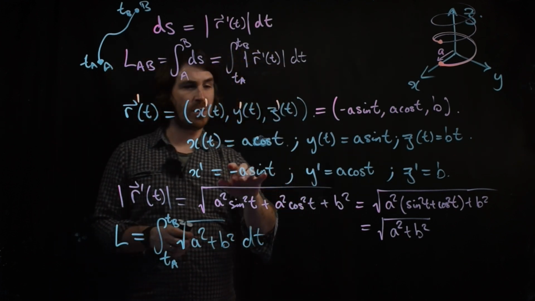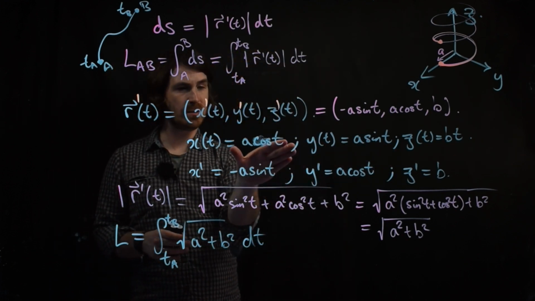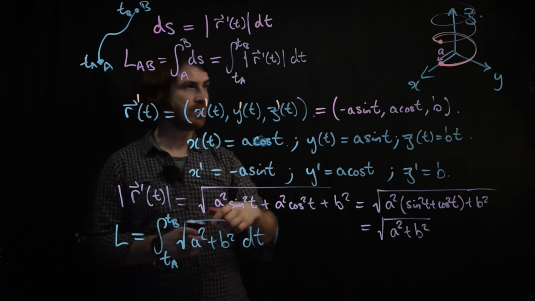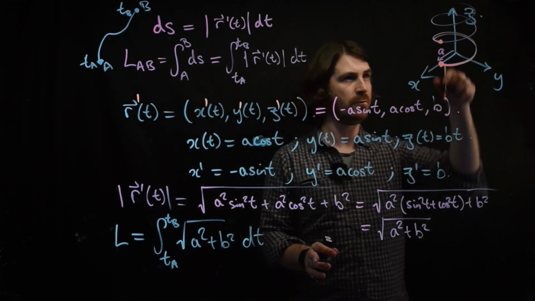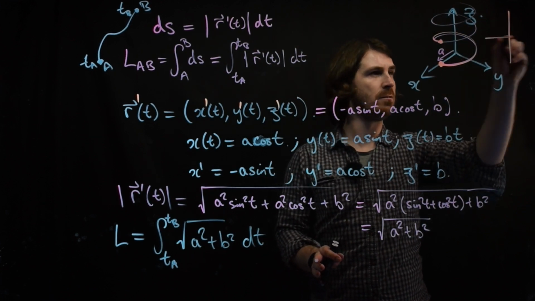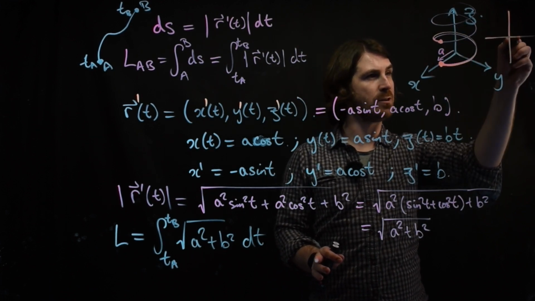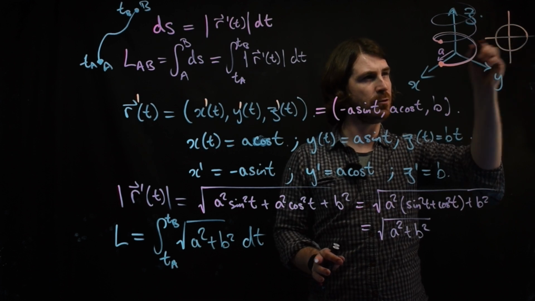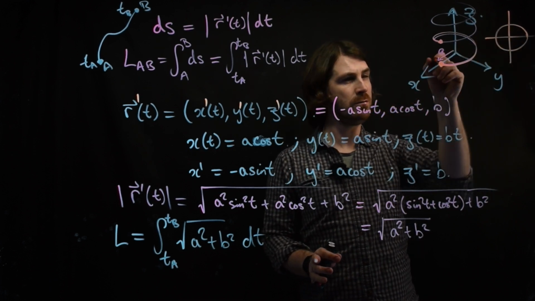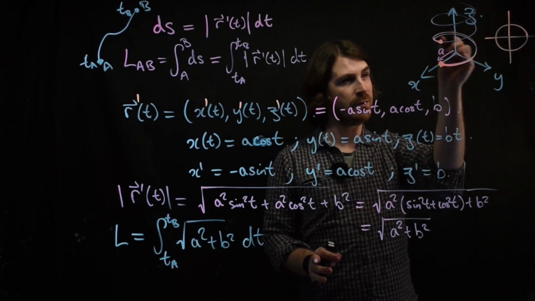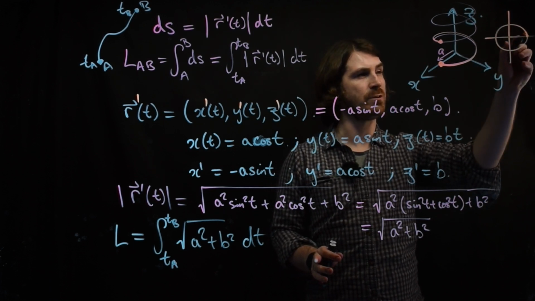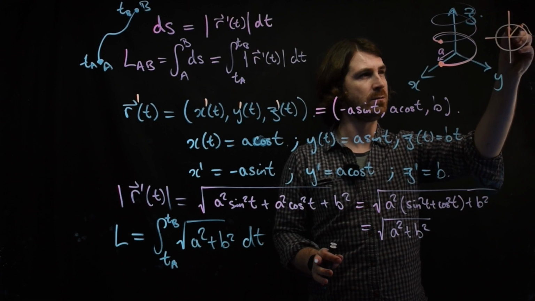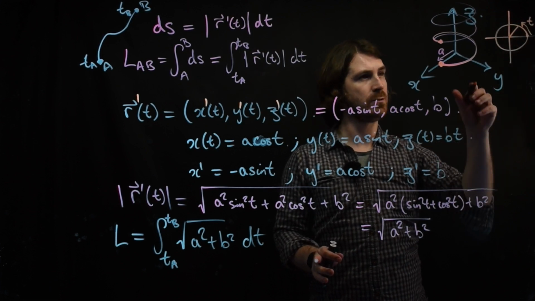If we look at the parametrization of the helix, when t equals 0, that's this point. If you look down from z, as t increases you see a circle formed. One turn of the helix takes us from t equals 0 right round to t equals 2 pi. So t is the angle.